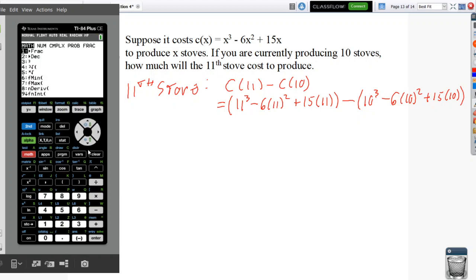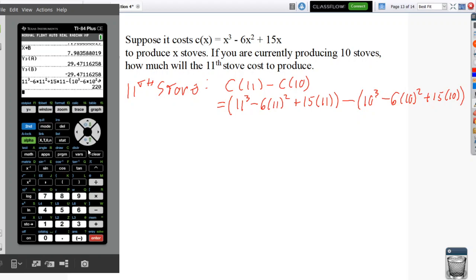11 cubed minus 6 times 11 squared plus 15 times 11, minus the quantity 10 cubed, I guess I could have just put it in as 1,000 there, minus 6 times 10 squared, plus 15 times 10.